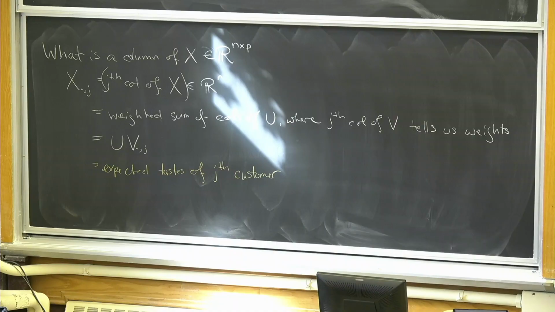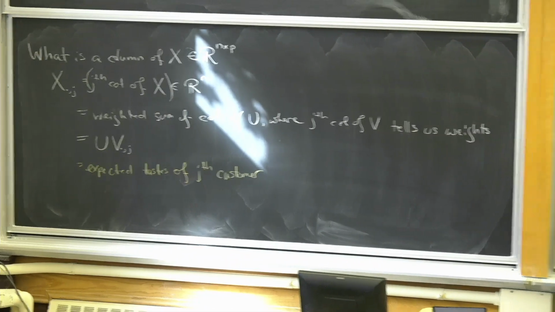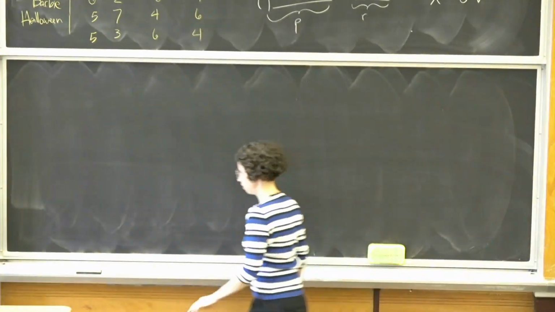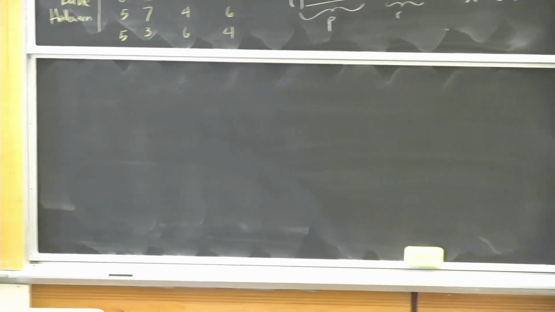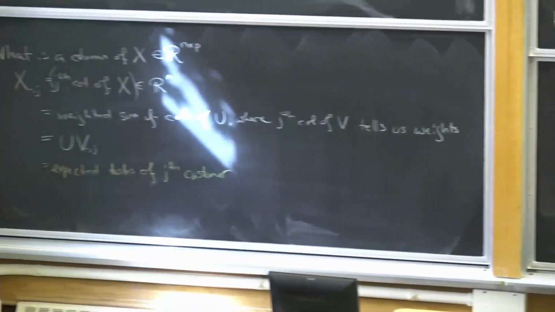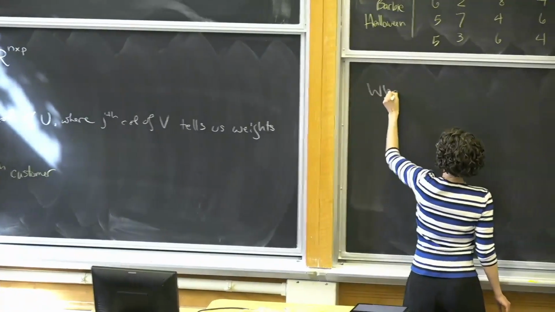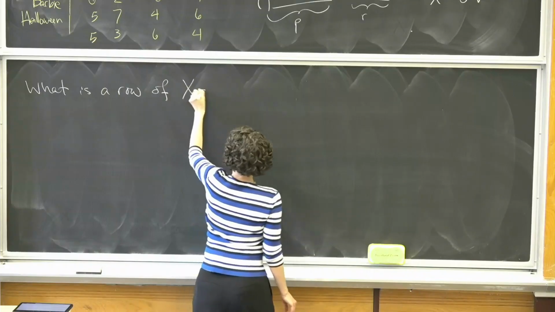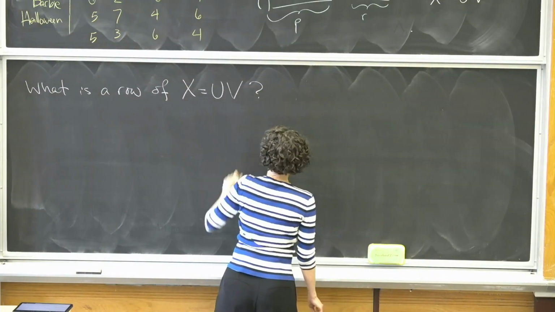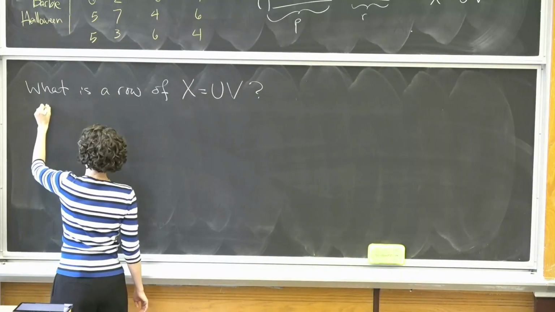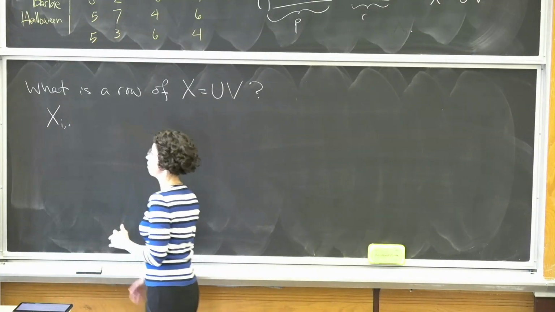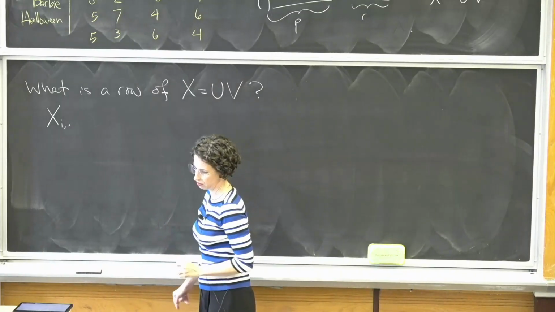And similarly, we can think about a row of X in terms of this matrix product and think about what that means. So in particular, we write that row x i comma dot, so the ith row, and then all the entries in that row.